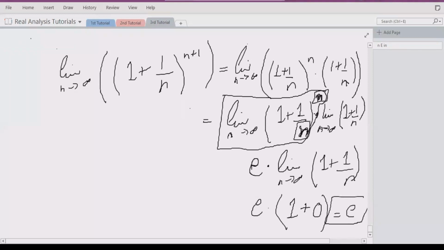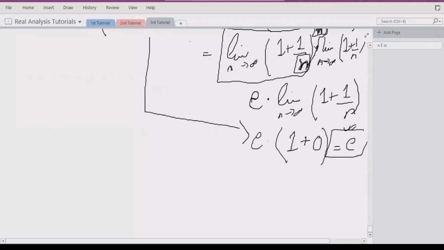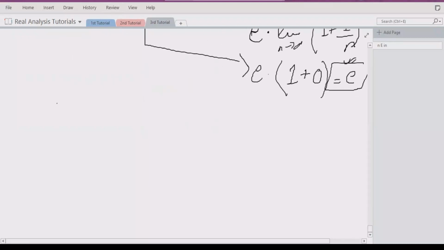So the sequence 1 plus 1 over n to the power n plus 1 has the same limit e, like the simple n term. I hope it is clear because it's very easy.